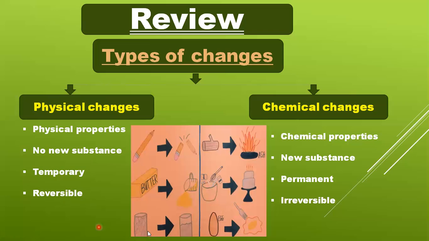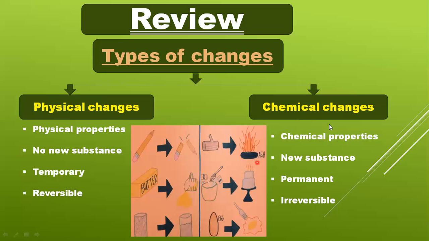As you can see here, ice can be converted into water, and water also has the ability to convert back into ice. So it means that this reaction can go both in the forward direction as well as in the backward direction. That's why physical changes are the reversible changes.